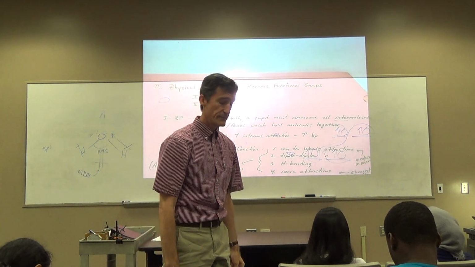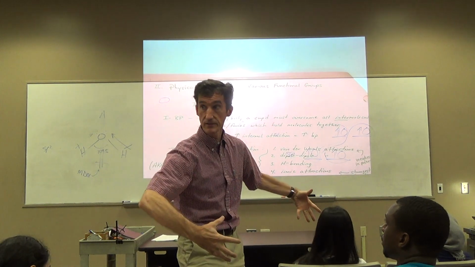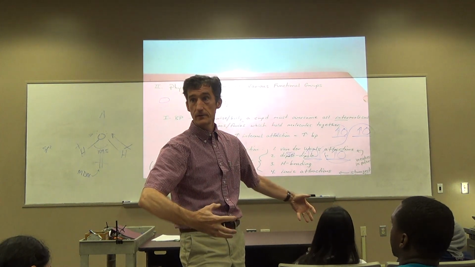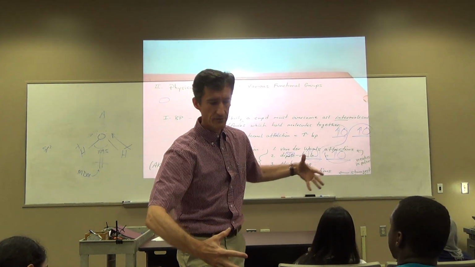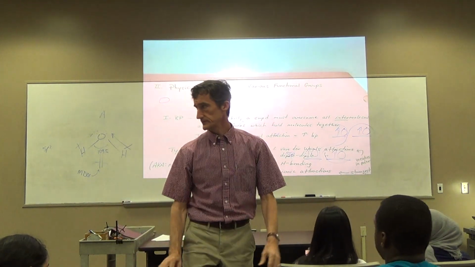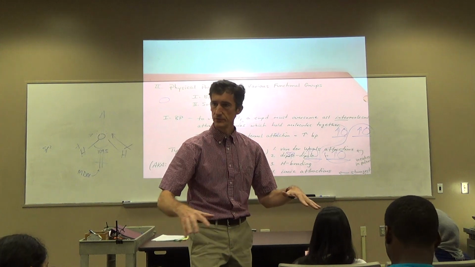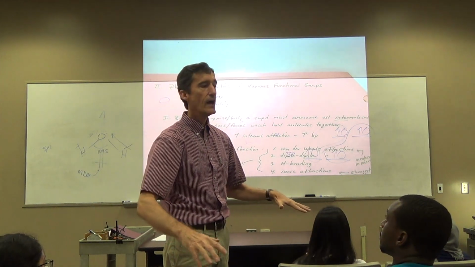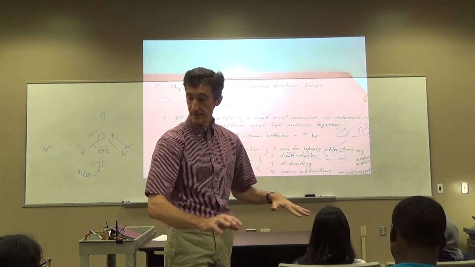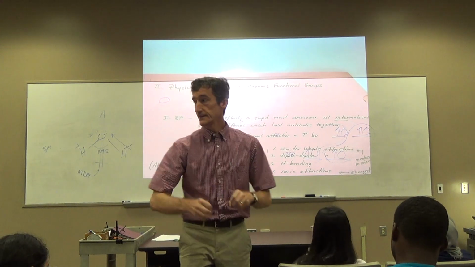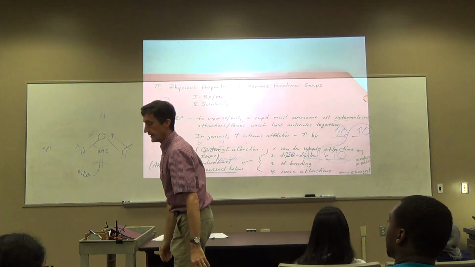If it's a lot of interactions, it's fixed and it's going to be solid. If the interactions are weaker, then things can move around a little bit and it's liquid. If we're going to get the liquid to go to a gas, what do we have to do for these interactions? You've got to break them and say, okay, everybody separate and let's go off and be a gas.